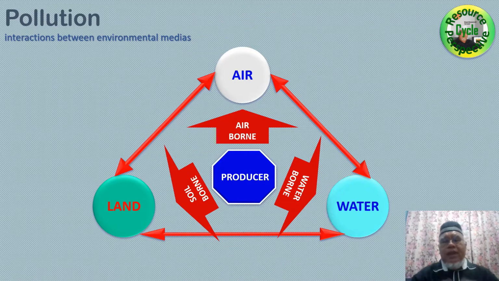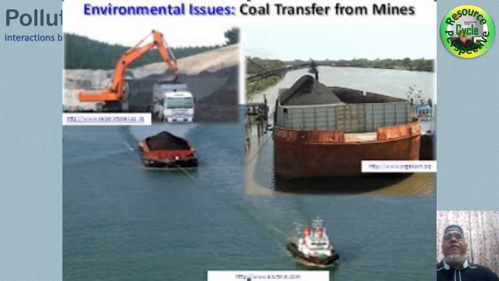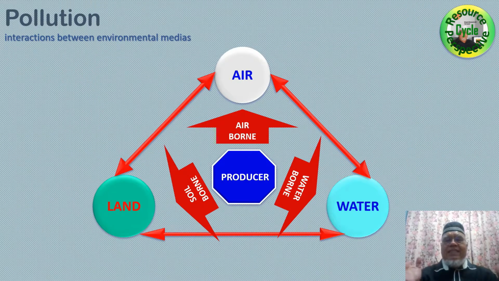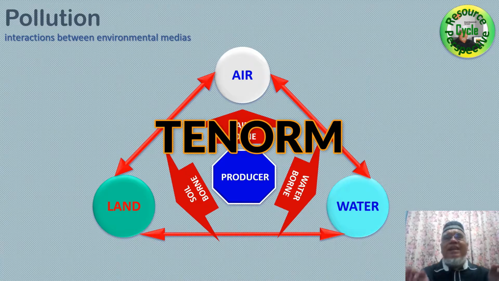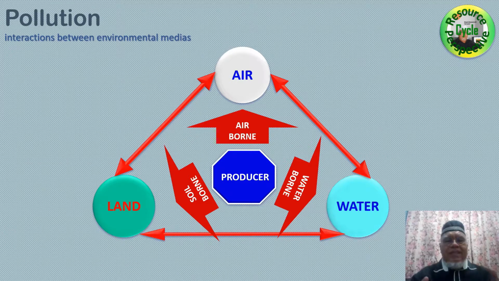Oxides of nitrogen, like nitrogen dioxide, carbon dioxide, inclusive of carbon monoxide, fugitive radioactive nuclides, TENORM, ring a bell? Technologically Enhanced, Naturally Occurring Radioactive Materials, metal oxides, mineral oxides, and God knows what else. From the mining land into the air.